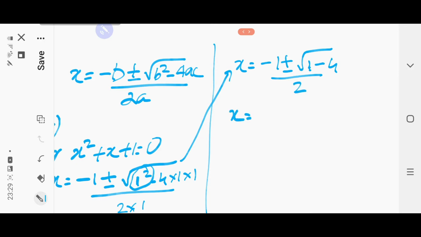That means x is equal to minus 1 plus or minus root of minus 3, divided by 2.